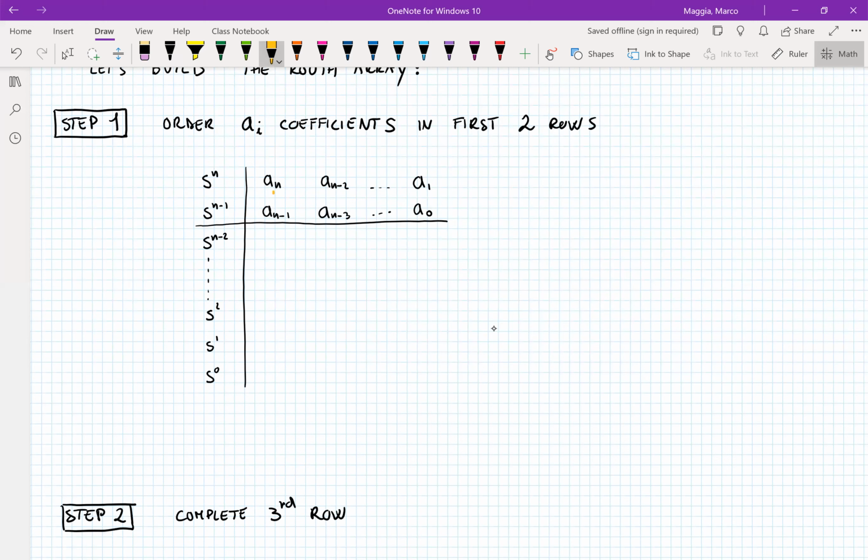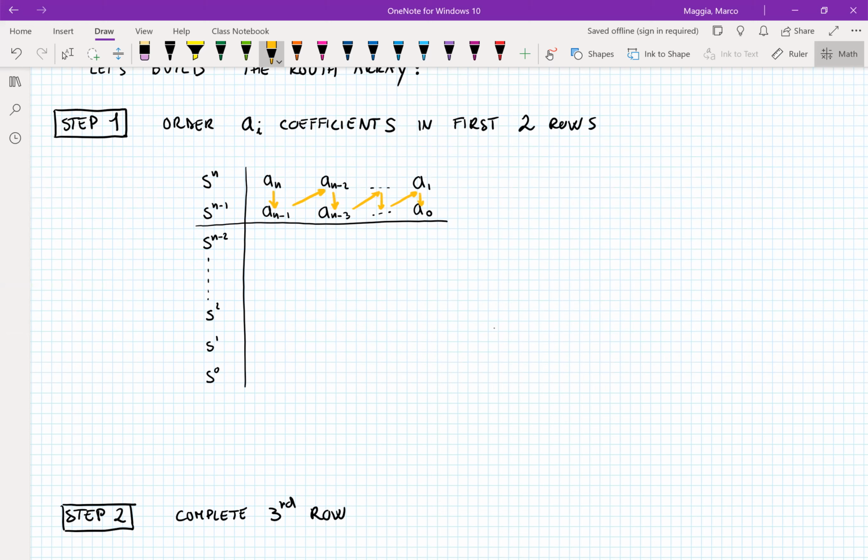So we follow this pattern here: down, diagonally up, down, diagonally up, down, until you finish all the coefficients.